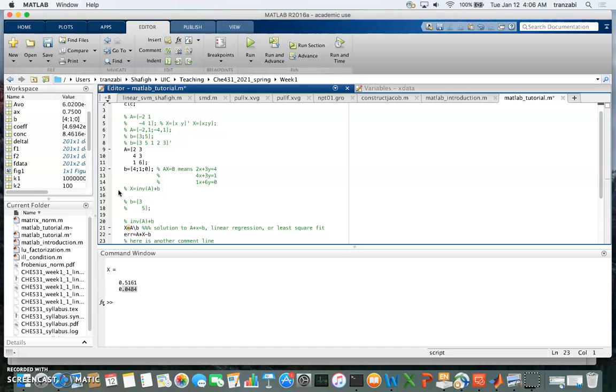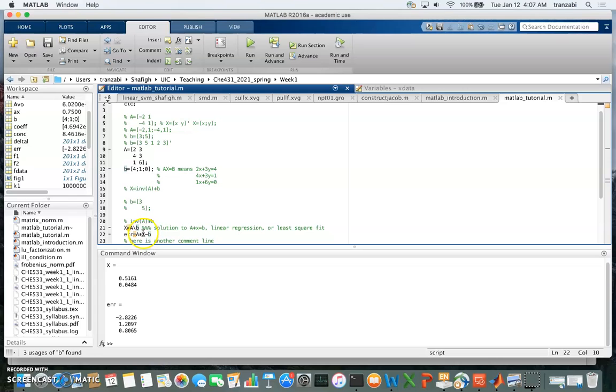So I'm going to type my error down here. Okay, here's the x. If you plug x into the original equation, ax minus b, I'm just moving b to the left side of my equation. So now I'm looking at ax minus b instead of ax equal b. If x is exact, then ax minus b should have been 0.